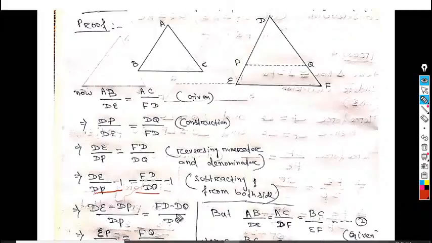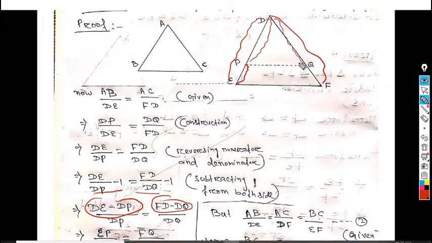Now look at the figure. DE minus DP, where is DE? Look at it, DE minus DP. If we subtract DP from DE, then what will remain? PE will remain, or EP you can say. Similarly, FD minus DQ. Where is FD? FD, this one. Minus DQ.